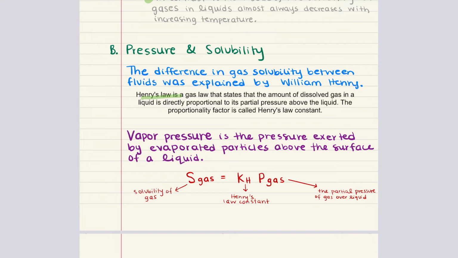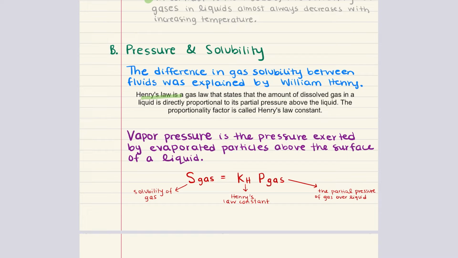So for example, carbon dioxide is dissolved in soft drinks under high pressure, which is why they remain carbonated until you open the beverage, releasing the pressure and allowing the gas to escape. Now, this idea is closely related to vapor pressure, which is the pressure exerted by the vapor of a liquid when it is in equilibrium with its liquid phase.